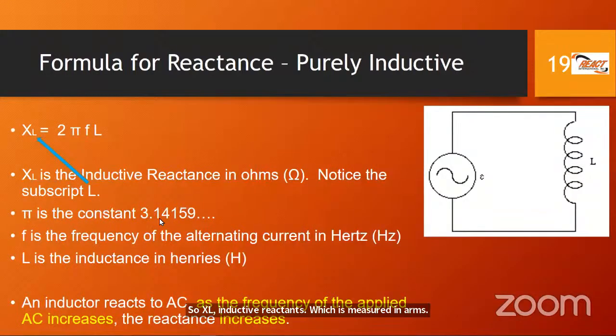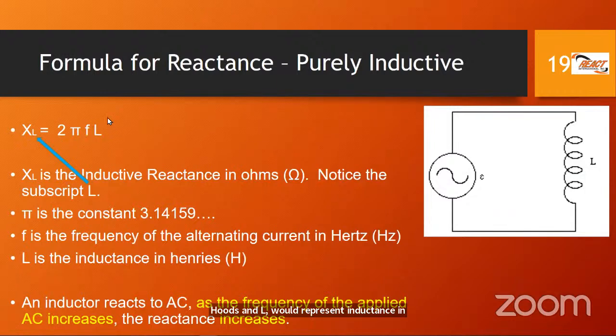Pi is a number, 3.142 approximately, right? It's a constant. That is the symbol pi. So that's in the formula. And F represents frequency in hertz, and L represents inductance in henries.